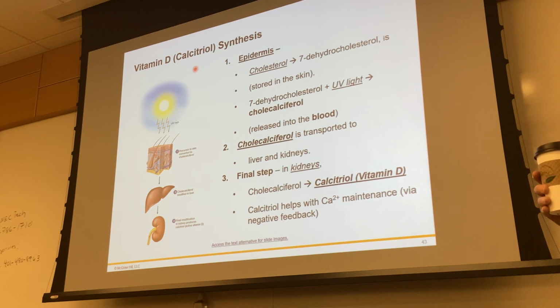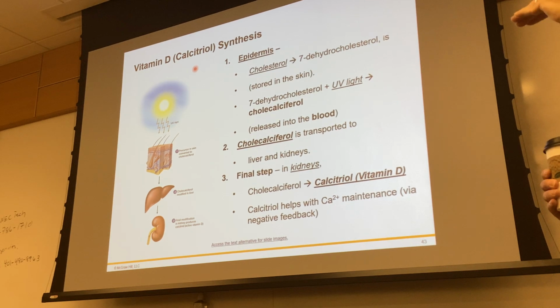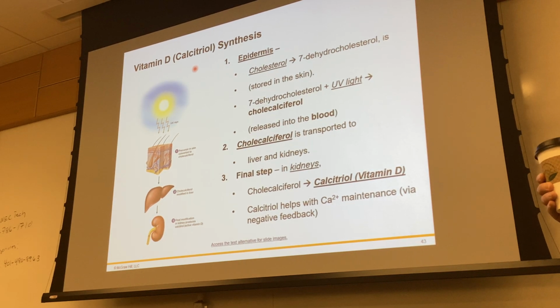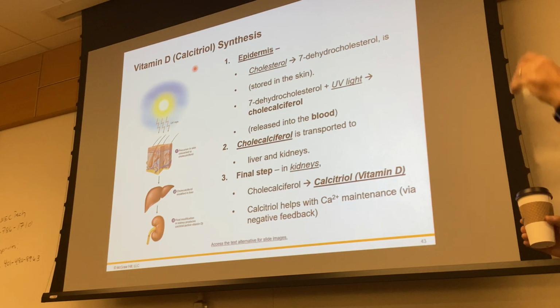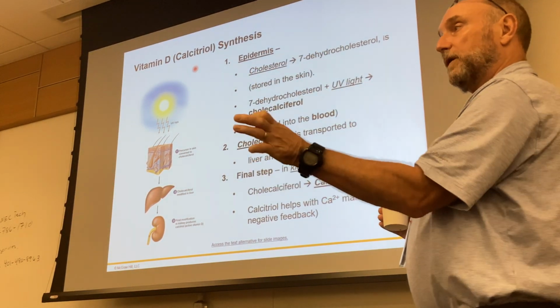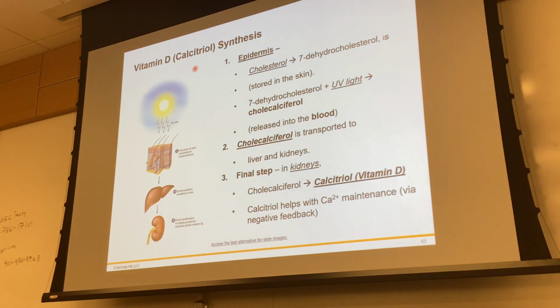First of all, if the epidermis gets hit with UV light, that UV light then encounters a number of things, one of which is cholesterol. What type of macromolecule is cholesterol? It's a lipid, a modified lipid, and I showed you some pictures of that in the first exam. That lipid then is modified into 7-dehydrocholesterol, and that can be stored in the skin.